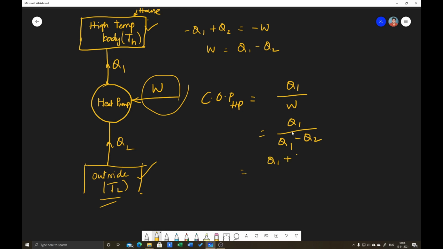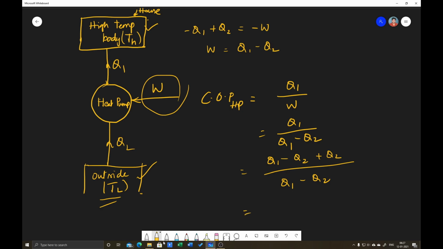So if you rewrite this, I am removing Q2 and adding Q2 again, so Q2 cancels out.